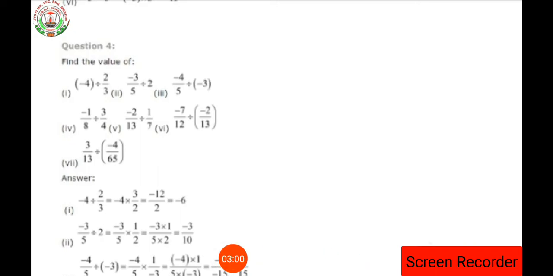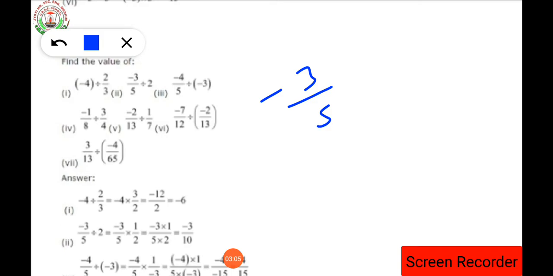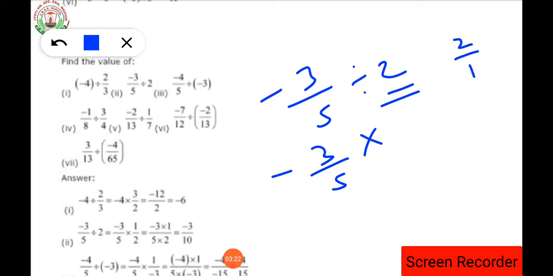Clear? Now the next question we are having is minus 3 by 5 divided by 2. As I told you, reciprocate which side? Right hand side. Which one is the right hand side? That is 2, isn't it? So it will be reciprocated. Nothing is present in the denominator of 2, that means 2 by 1 is present.